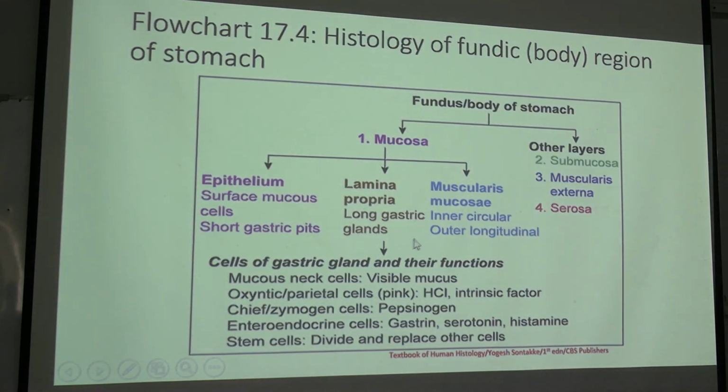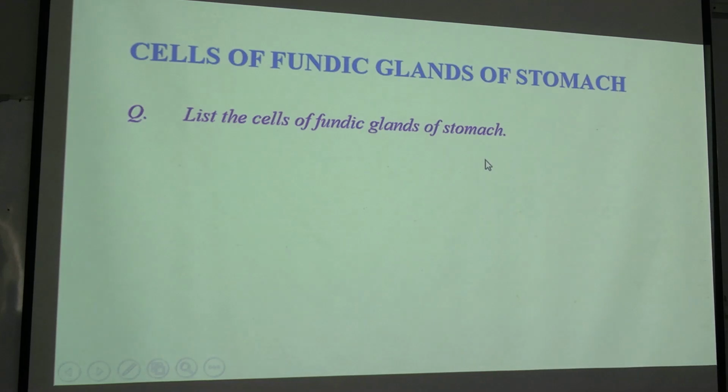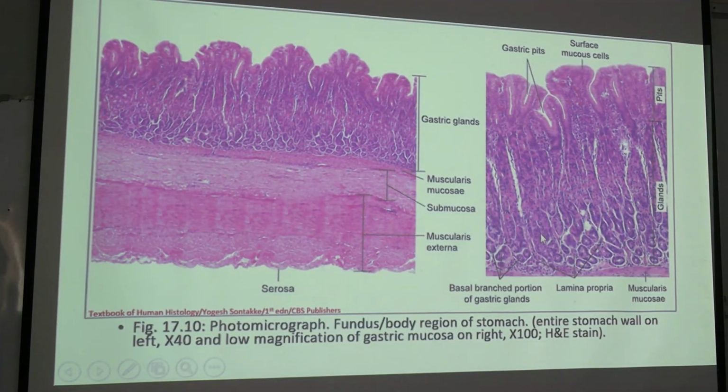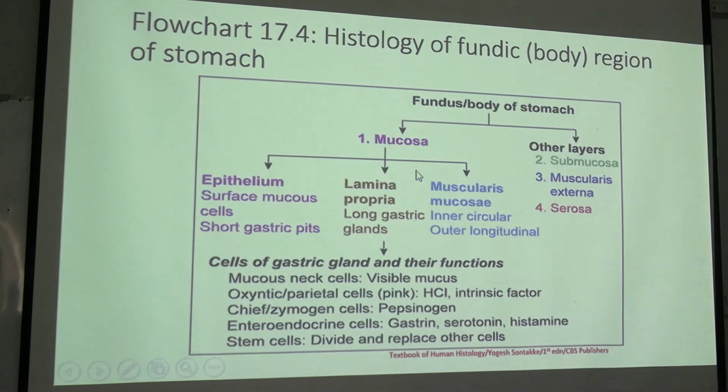Then we call them long gastric glands, and at the bottom of these long gastric glands we see the presence of gastric secretory elements. We have to study these gastric glands in a little detail; we'll be coming into it. Then muscularis mucosa is the same, then submucosa, muscularis externa, and serosa.